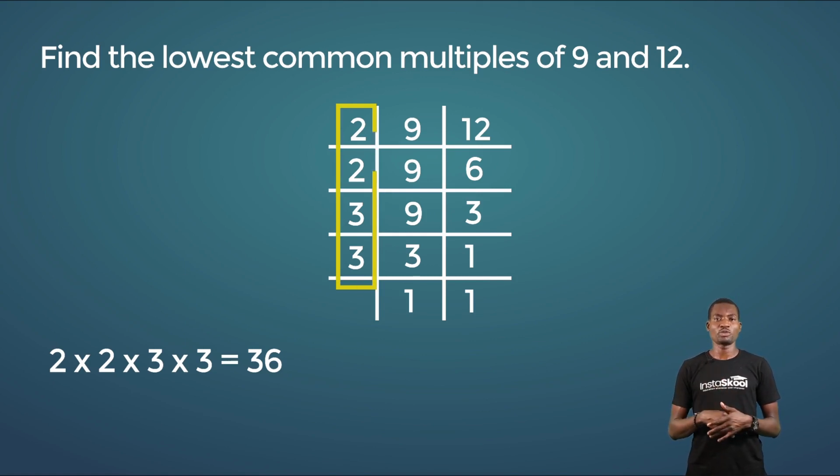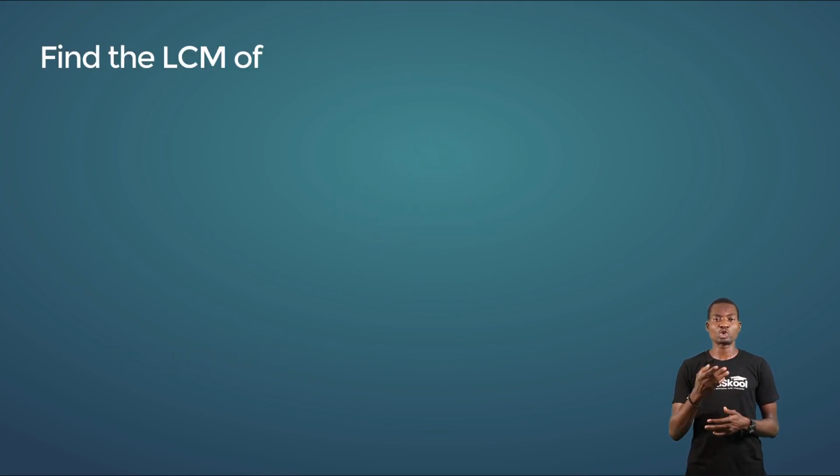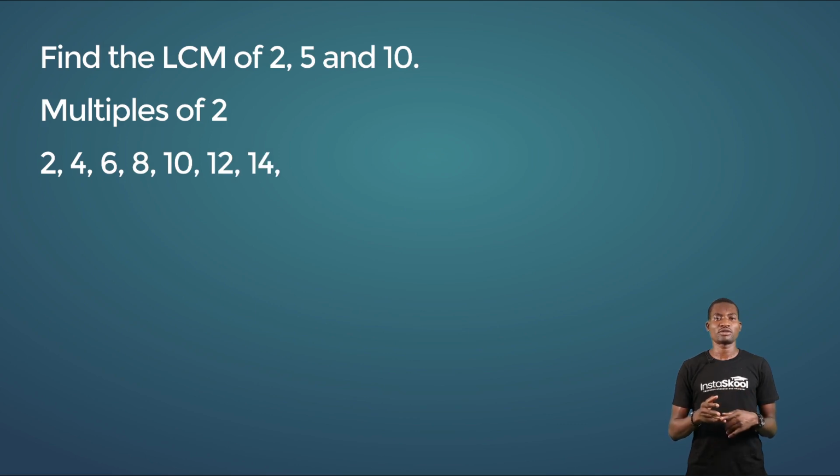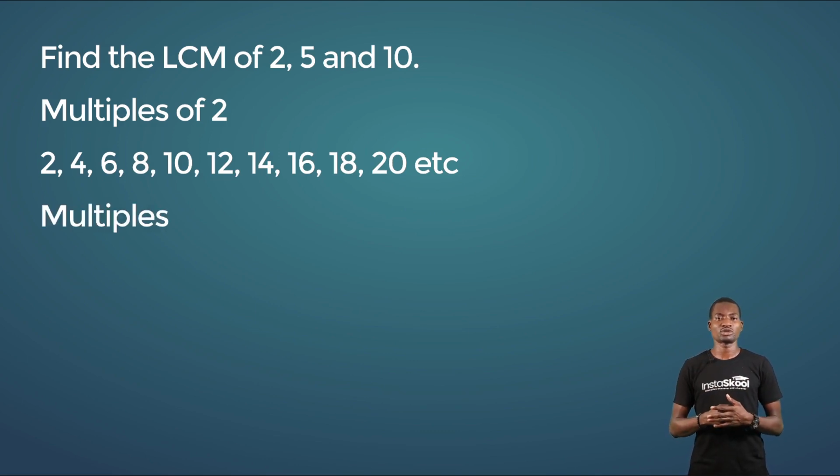The next example we'll be considering is to find the LCM of 2, 5, and 10. First, we list out all the multiples of 2. That gives us 2, 4, 6, 8, 10, 12, 14, 16, 18, 20. Let us stop there. Then we list out all the multiples of 5.